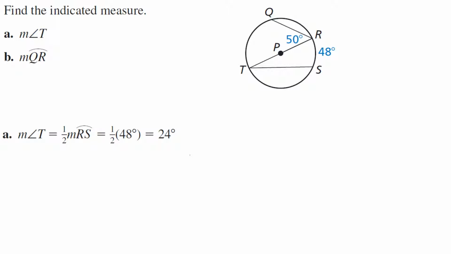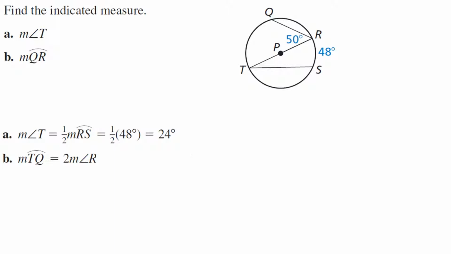How about the measurement of segment QR? I'm sorry, the measurement of arc QR. Nothing but tongue-tied today. Well, I've got no clue how to figure out the measurement of arc QR, but I could do the measurement of arc TQ, right?